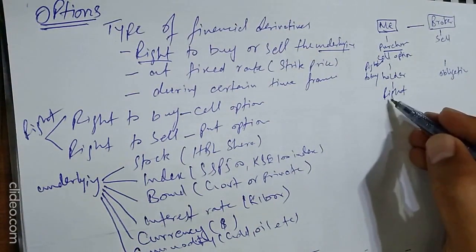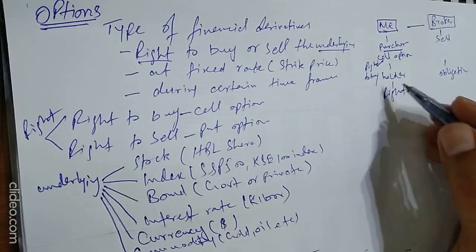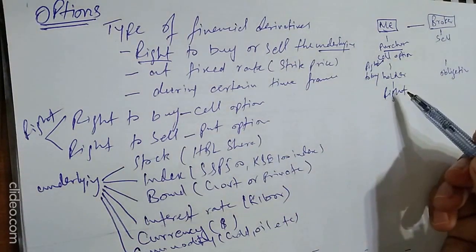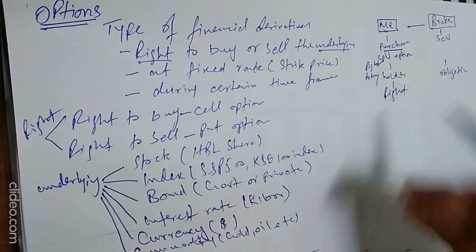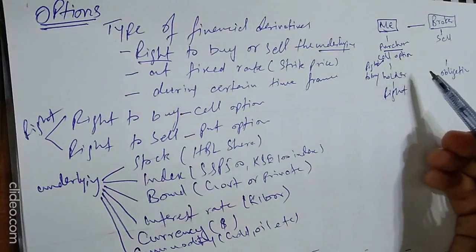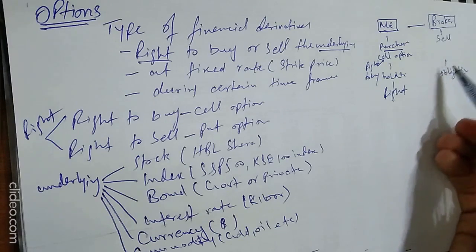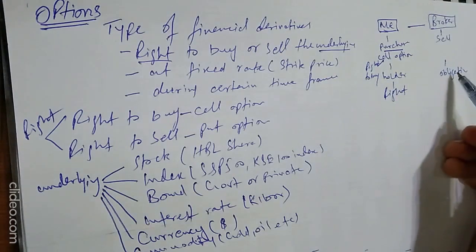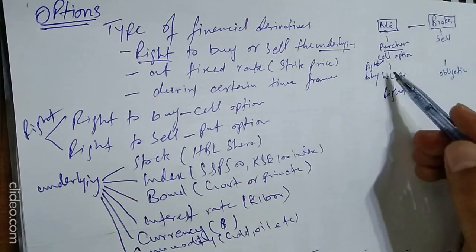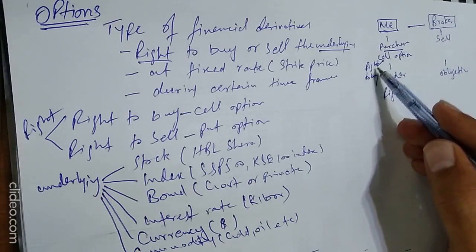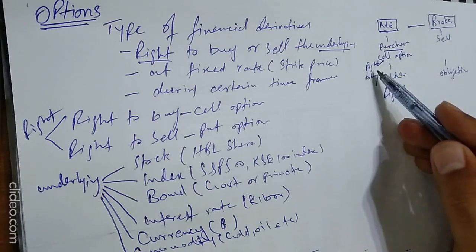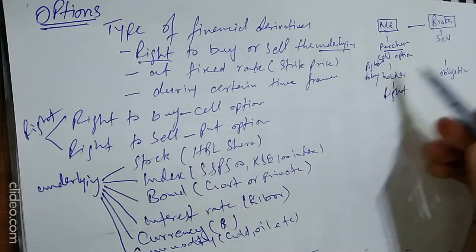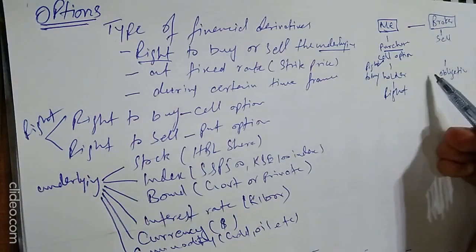The party which has a right to buy, if I want to buy, I will buy the underlying and execute the contract. If I do not want to execute the contract, I will not buy the underlying. But for the broker, how can we differentiate the obligation and the right? Obligation means that if I want to use my right to buy any underlying, then it is the obligation of the broker to execute this contract.